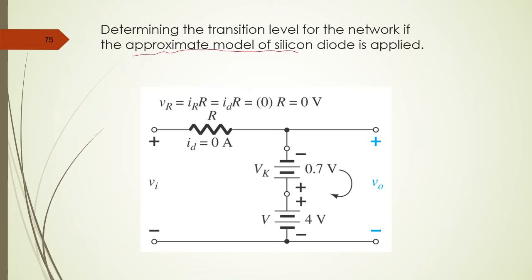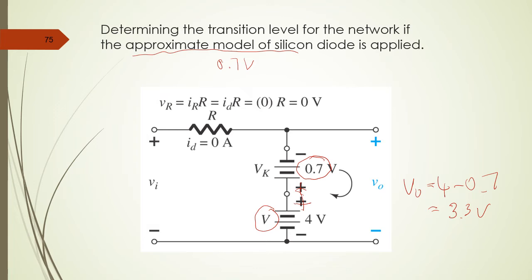Remember that when we use the approximate model, we also introduce the voltage drop of 0.7 volt for the silicon diode, so we have to take the 0.7 volt into account. Because this is positive to positive, the positive supply, and the diode is reverse in the opposite direction, the output voltage Vout will be 4 minus 0.7 volt, which is 3.3 volts.